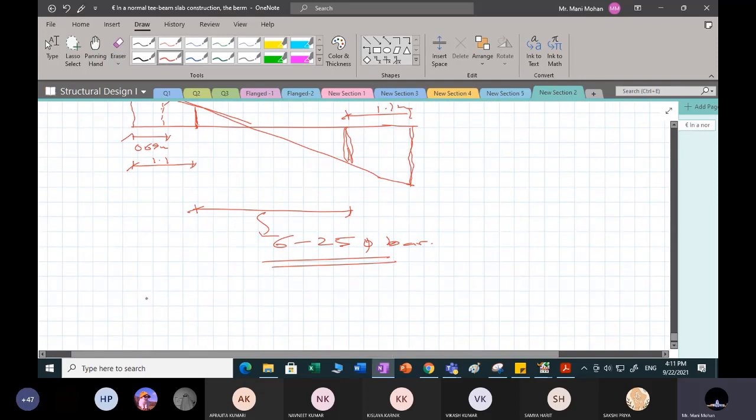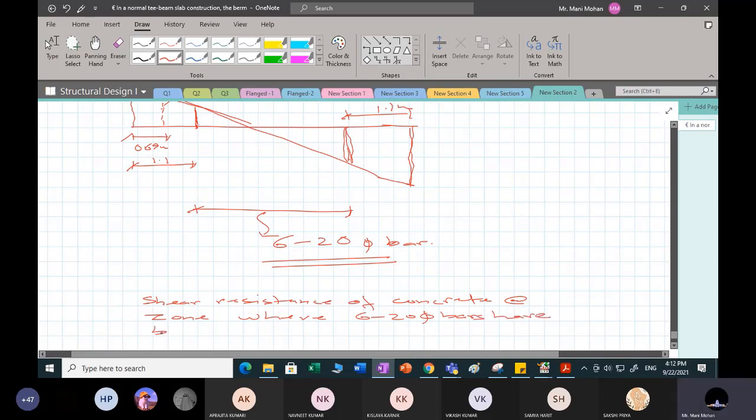So for that I'll compute the shear resistance of concrete at the zone where 6, this is not 25, this is 20, 6 20 dia bars have been provided. So I'm doing the calculation for this.